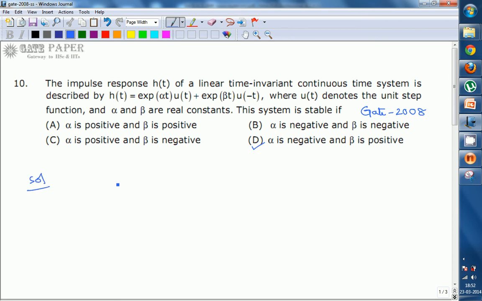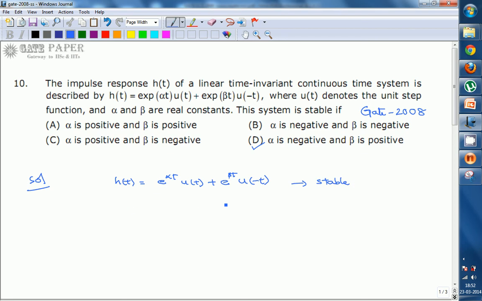Given that the impulse response of the system is h of t equals e power alpha t u of t plus e power beta t u of minus t. We know that the given system is stable.